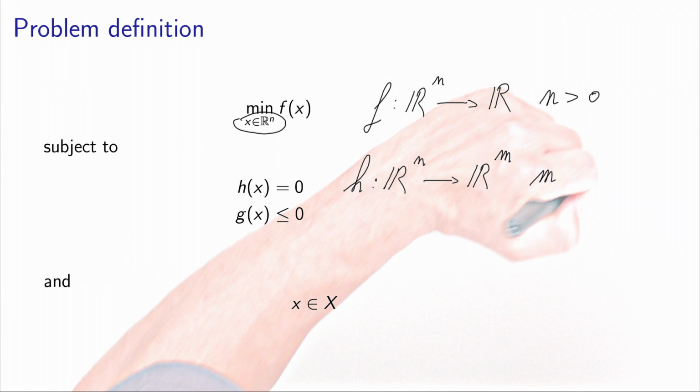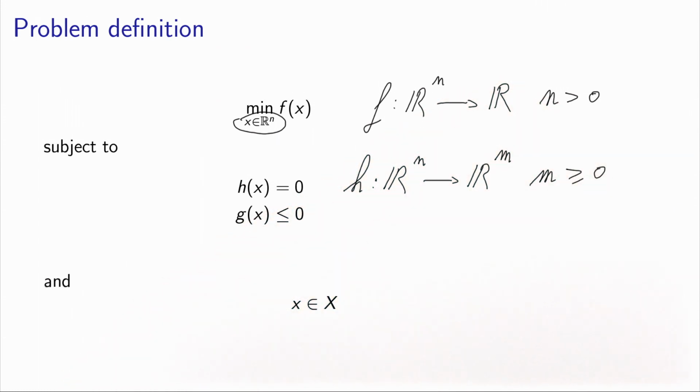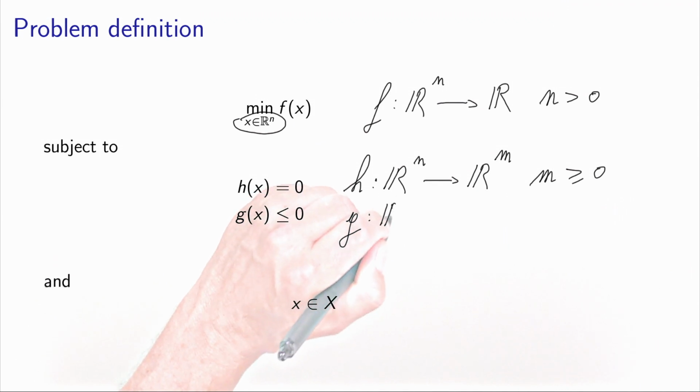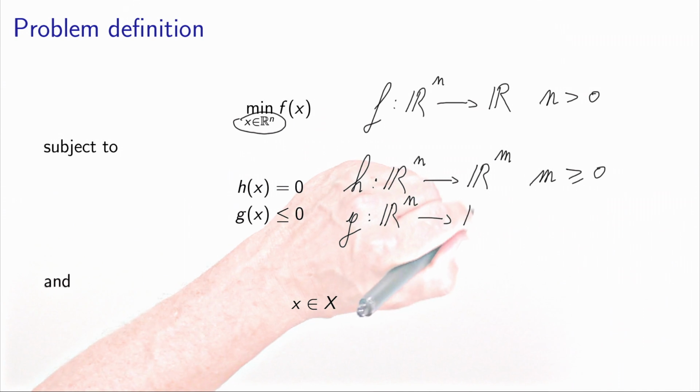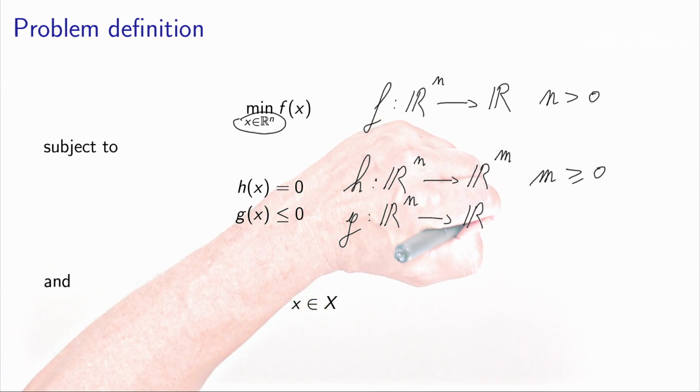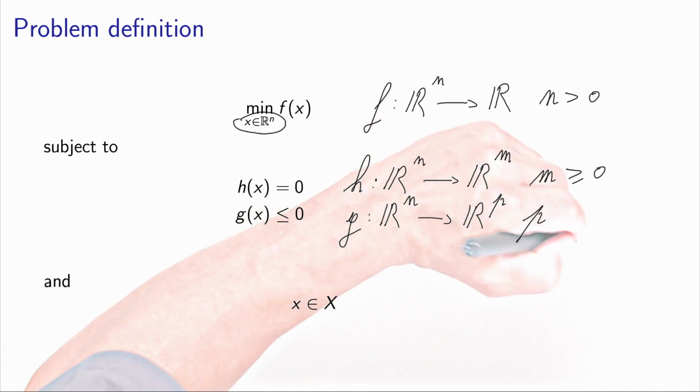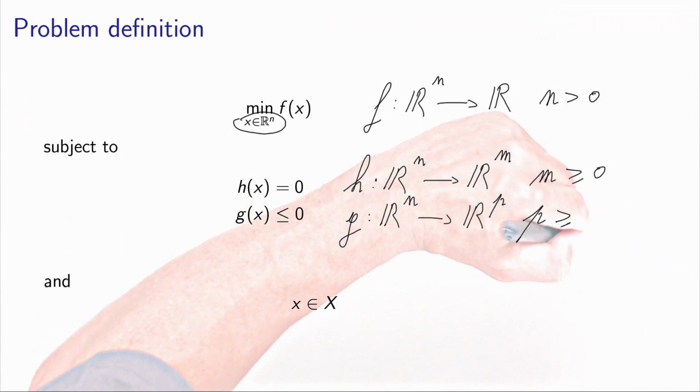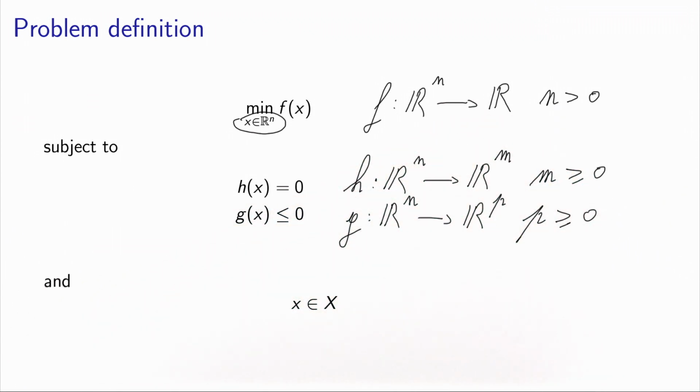And m in this case is greater or equal to 0. So if m is equal to 0, it means that the problem has no equality constraint. In the same way, the function g that characterizes the inequality constraints maps the set of decision variables Rn into Rp, where p is the number of inequality constraints that must be non-negative.